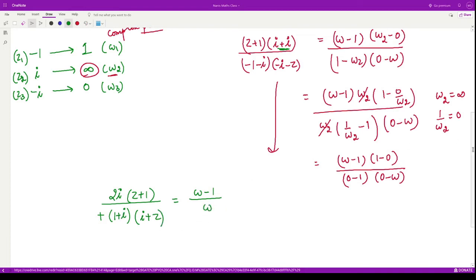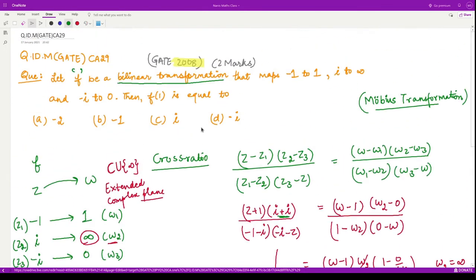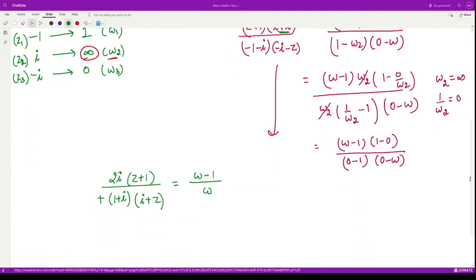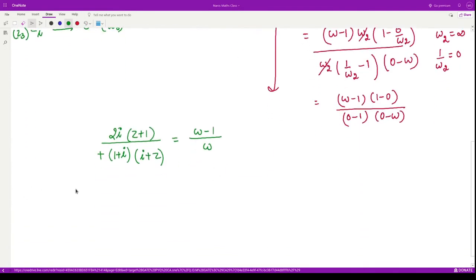Now see, in the question they are asking what is the value of f of 1. In order to calculate the value of f of 1, we have that w is equal to f of z. That means when you substitute z is equal to 1, you would have the value of f of 1. So instead of w, we replace f of 1, and instead of z, we replace 1.